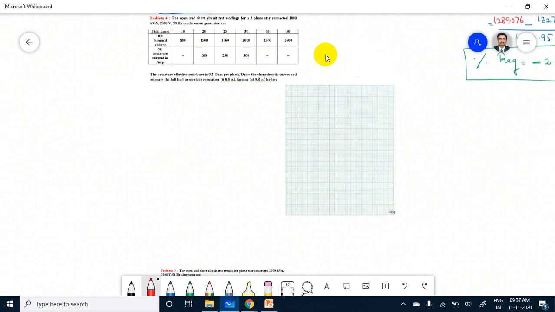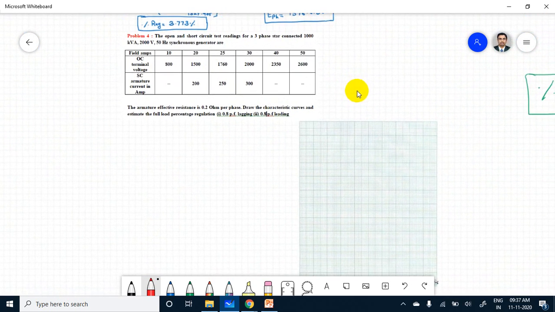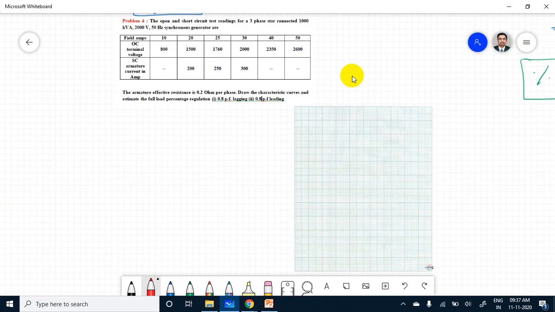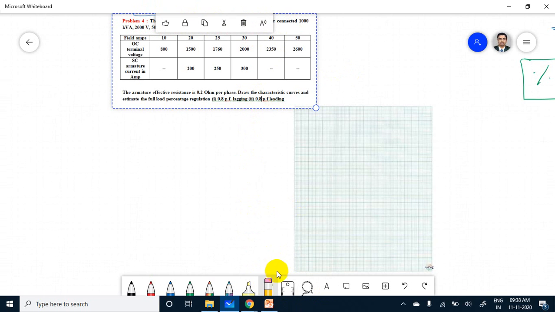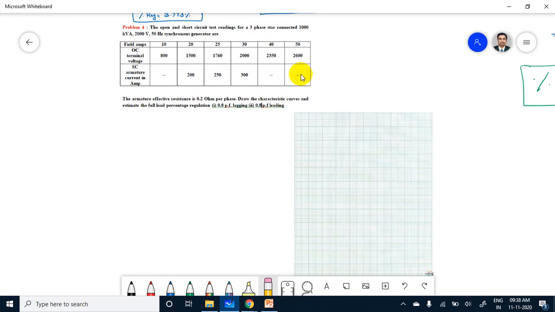This is problem number 2. Okay, please take down. The open and short circuit test readings for a 3-phase star connected 1000 kVA, 2000 volt, 50 Hz synchronous generator are: field ampere, open circuit voltage, and short circuit armature current.